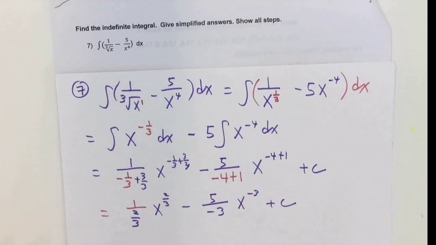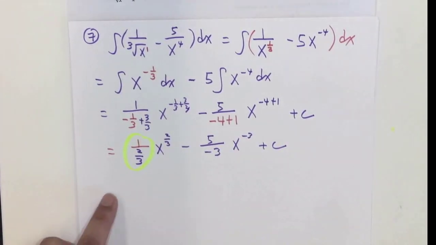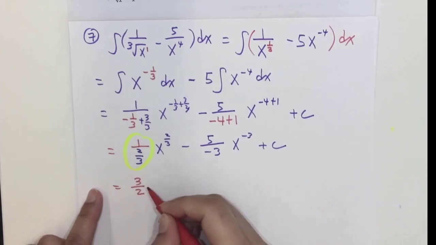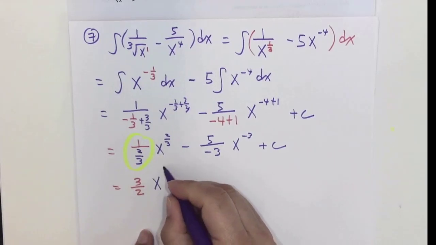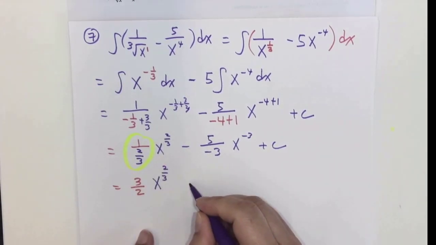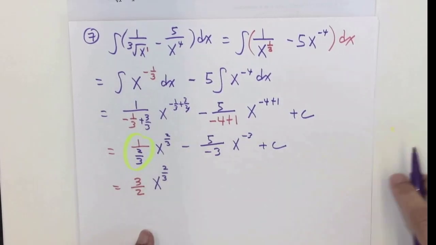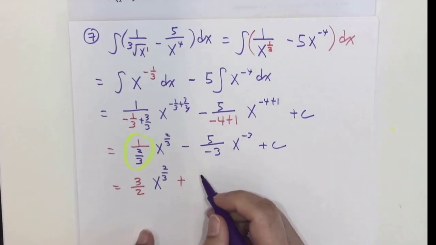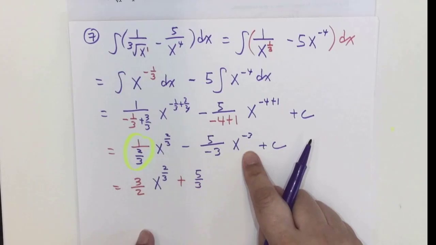So earlier we said when you have a complex fraction like this, what do we do? Flip it. The easiest way to think about it is it's going to turn into 3 over 2, right? But don't change the exponent for the x. This is going to be x raised to 2/3. And then this one, negative times negative will become positive, 5 over 3. The x raised to the -3 power goes where?